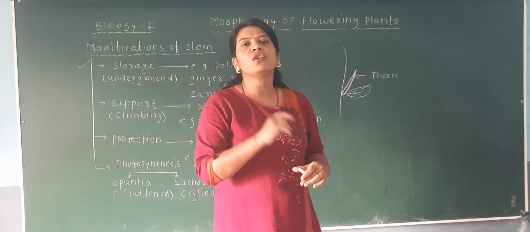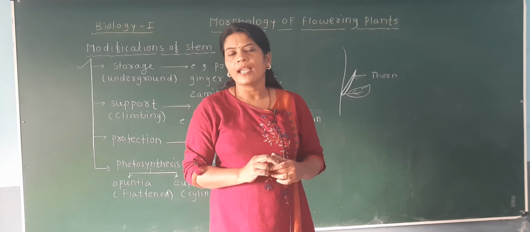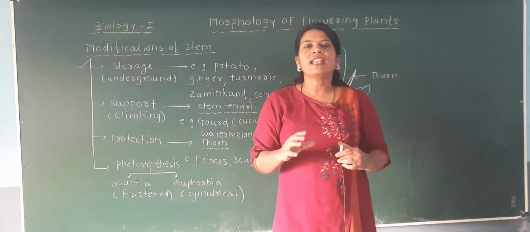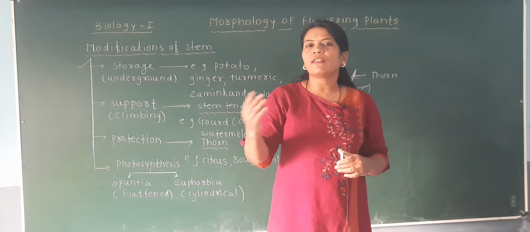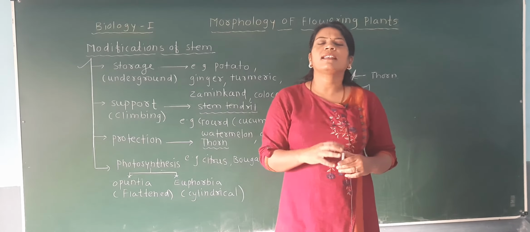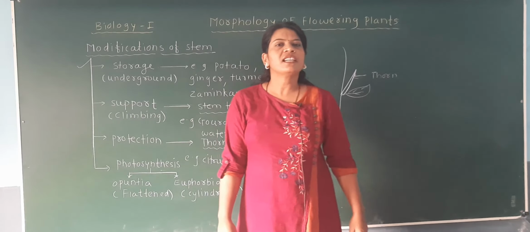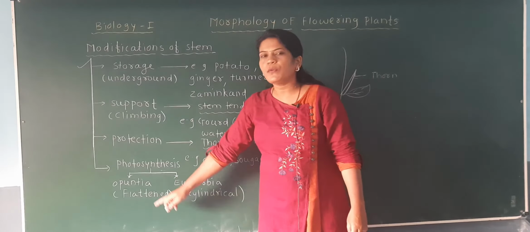But the major organ of photosynthesis is the leaves. Leaves carry out the photosynthesis. But when in any plant the leaves fall off or get converted into spines, at that time the function of the leaves is carried out by the stem, and such a condition is always present in these two plants. One plant is called opuntia.